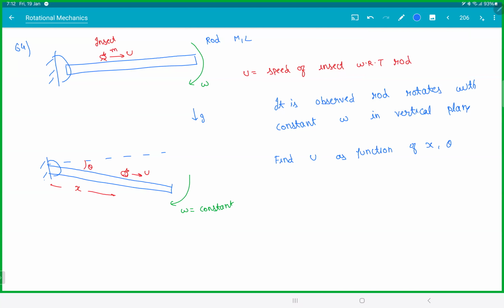We have a rod of mass m, length L. Initially it is horizontal. The insect starts walking with speed u. The insect is walking in such a way that the rod is rotating with constant omega. Gravity is there.